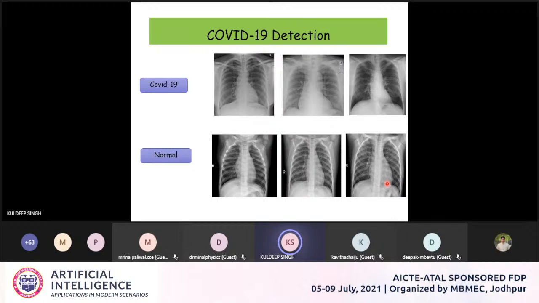And we have another set of data for the healthy patients. So given this data, a radiologist will be able to diagnose whenever a new patient comes by just seeing that chest X-ray. It can correlate with the examples available with the radiologist and identify which category the new patient belongs to, whether it is COVID-19 or normal.